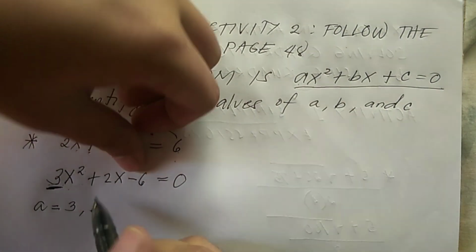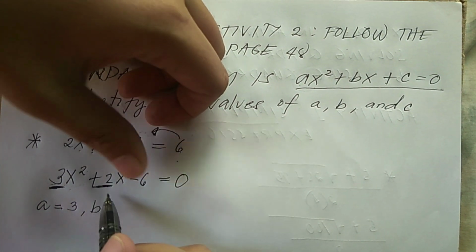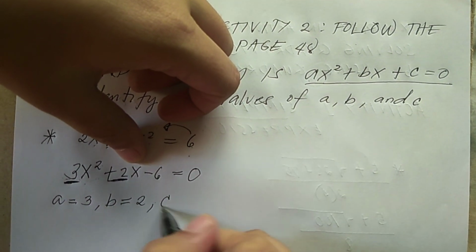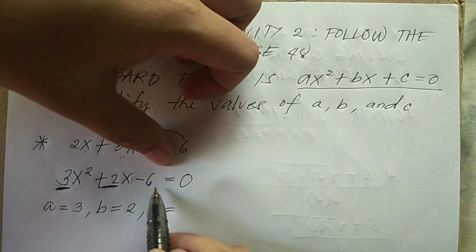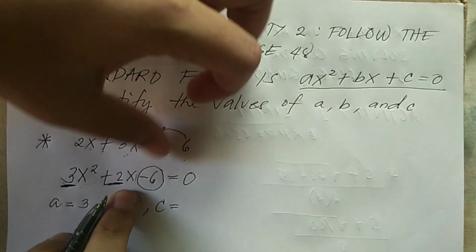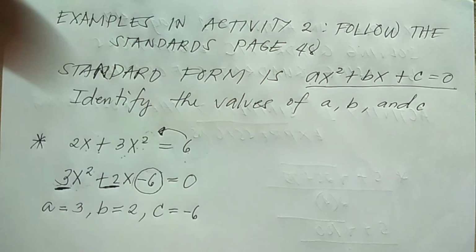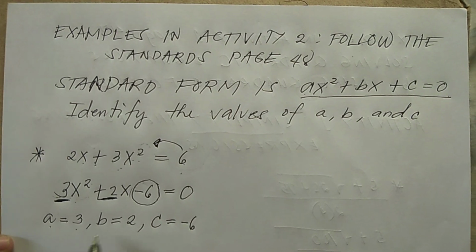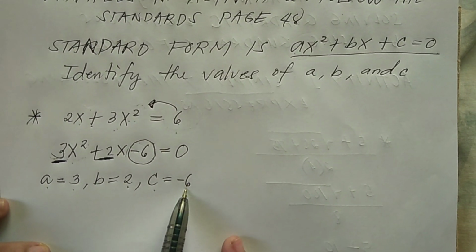And then, B is the numerical coefficient of x, which is positive 2. And C is the constant term, the one with no variable. It includes the sign, which is minus, so it is negative 6. So, the value of A is positive 3, the value of B is positive 2, and the value of C is negative 6.